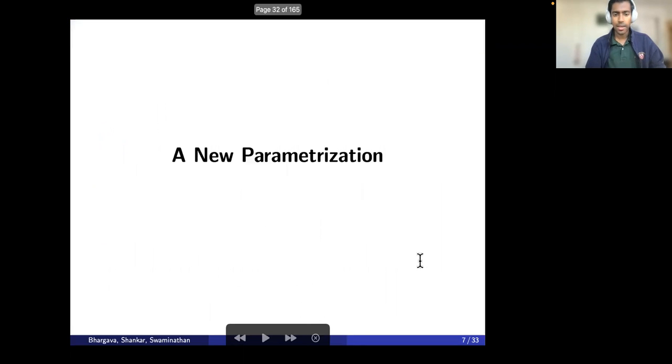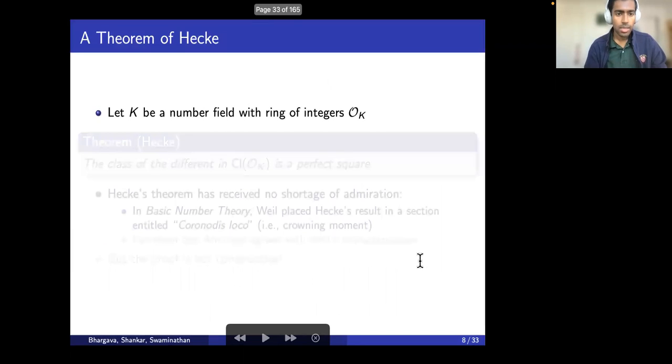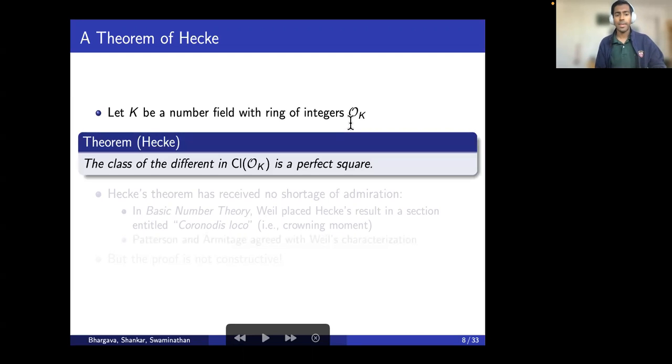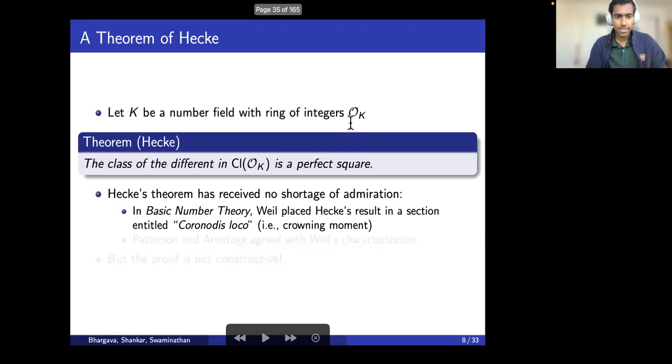And now I'm in position to tell you about the parametrization. I'll start by discussing a related theorem of Hecke. So let K be a number field with ring of integers OK. We have the following theorem of Hecke, which states that the class of the different in the class group of OK is a perfect square. So this is a celebrated theorem, and it has received no shortage of admiration in the literature.